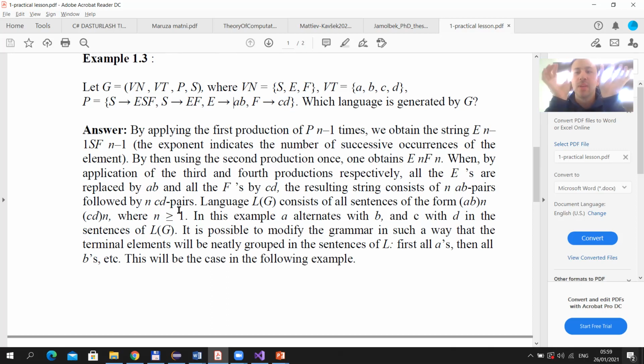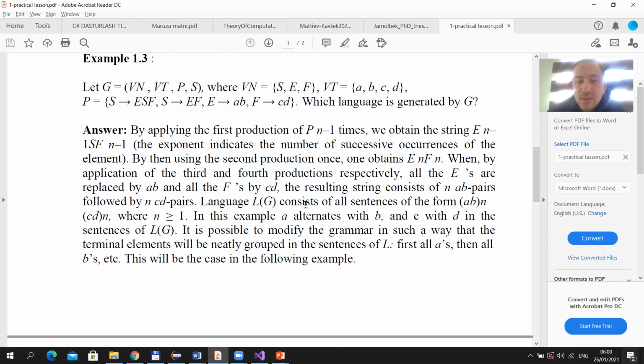So AB, AB, AB, n times AB, followed by n times CD, CD, CD, because we can only replace E with AB and F with CD. That's why our sentence would produce only the strings of ABs on the left-hand side followed by CDs on the right-hand side.